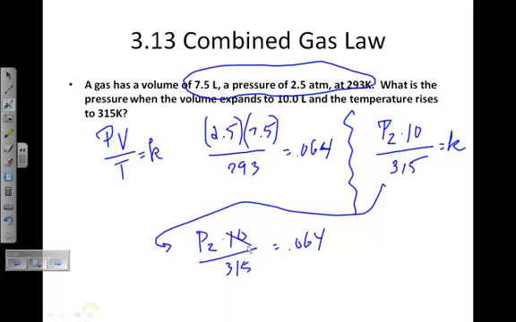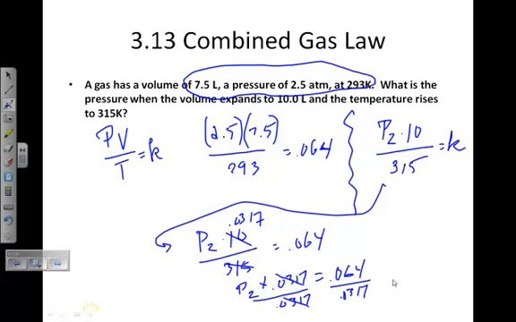Right? 10 divided by 315 simplifies to 0.0317. So P2 times 0.0317 is equal to 0.064. Dividing both sides by 0.0317, we end up with P2 equaling 2.0 atmospheres.